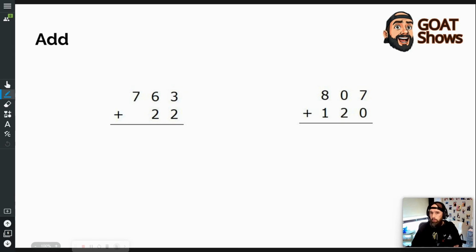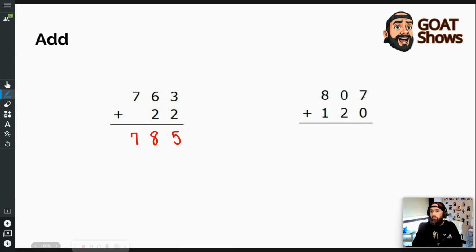Let's keep going. Go all the way to the right and add these up. 3 plus 2 is 5. 6 plus 2 is 8. 7 plus nothing is 7. Not bad.